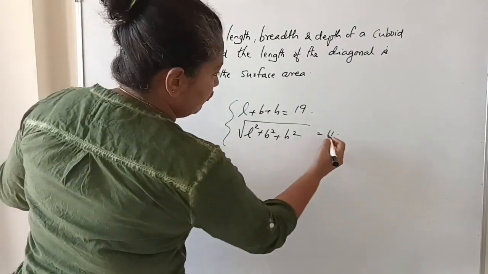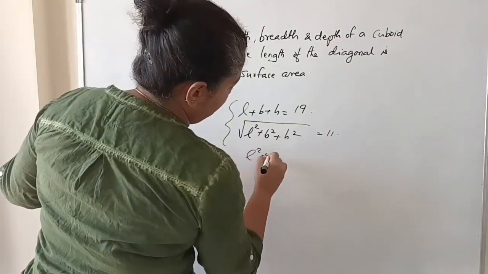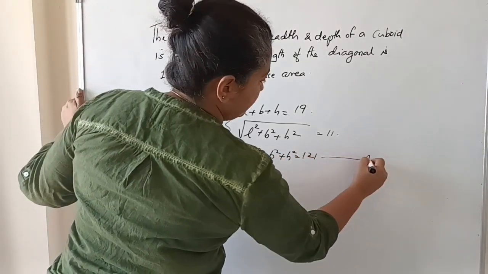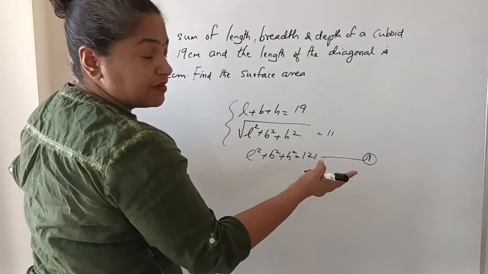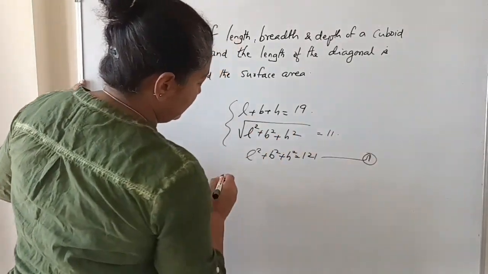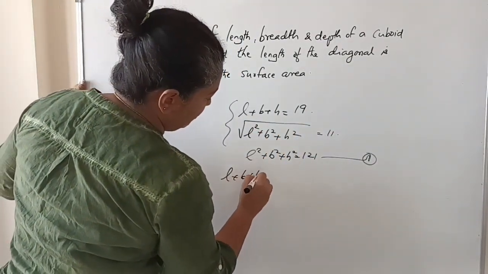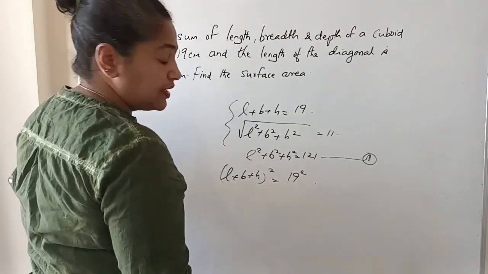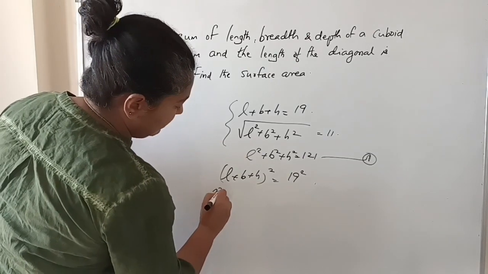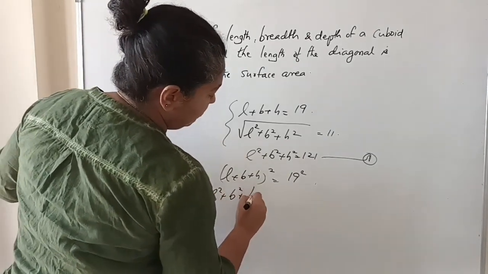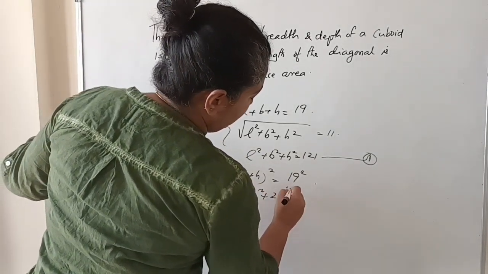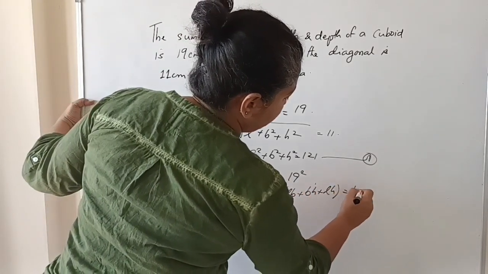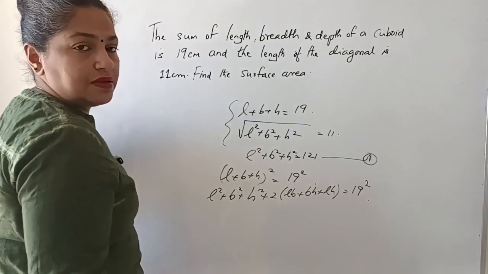Okay. So, from this statement, I can write L square plus B square plus H square is equal to 121. I am squaring both the sides. If I square L plus B plus H the whole square, I will be getting 19 square. Right? What is this equal to? L square plus B square plus H square plus 2 into LB plus BH plus LH. Okay.